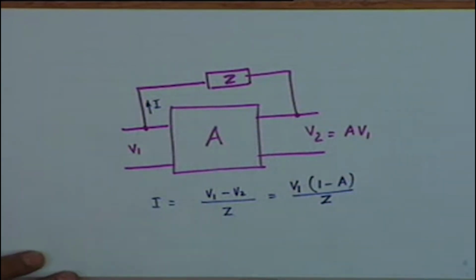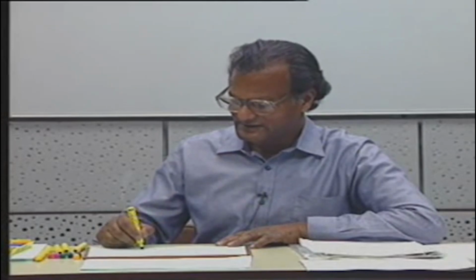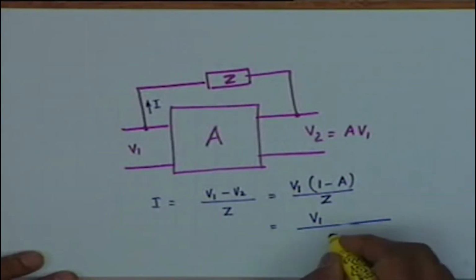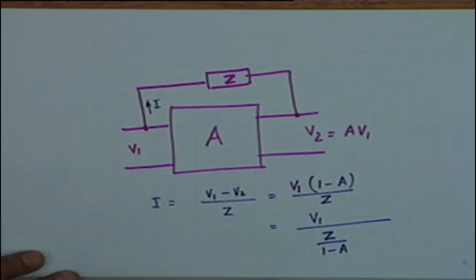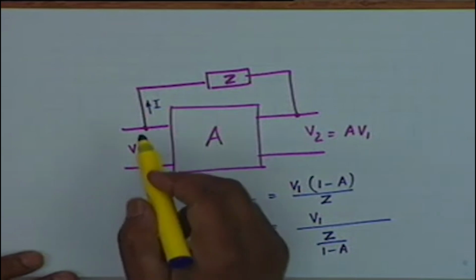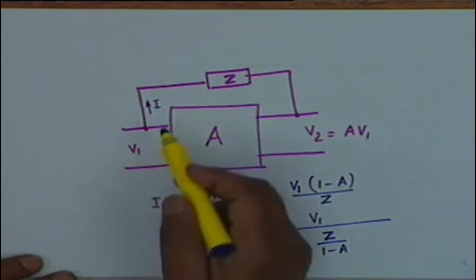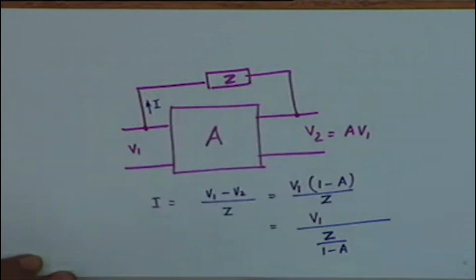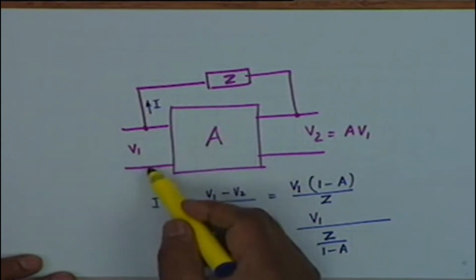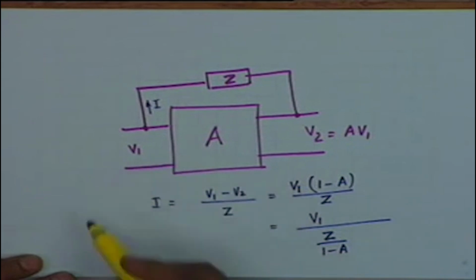All right. Look at the simplicity of the concept. Then I write this as V1 divided by Z by (1 minus A). What does it mean? It means that as far as the input port is concerned, the effect of the bridging impedance is simply that you get in shunt an impedance which is not Z but Z by (1 minus A).